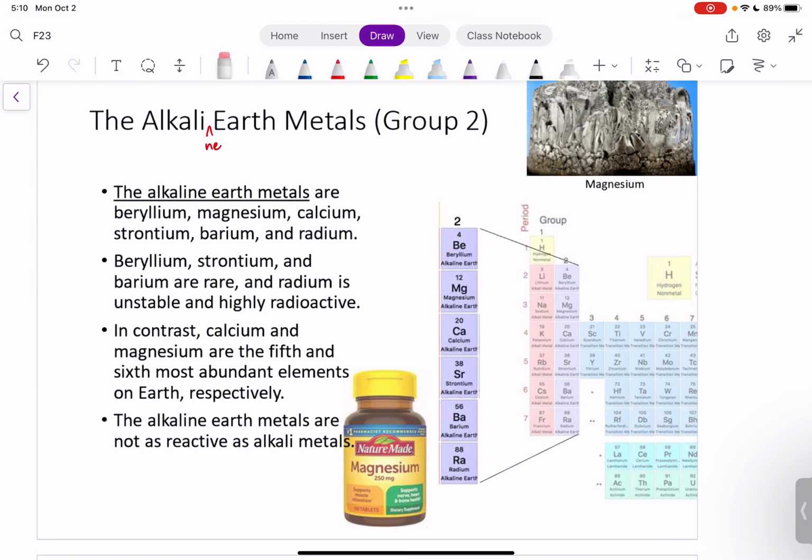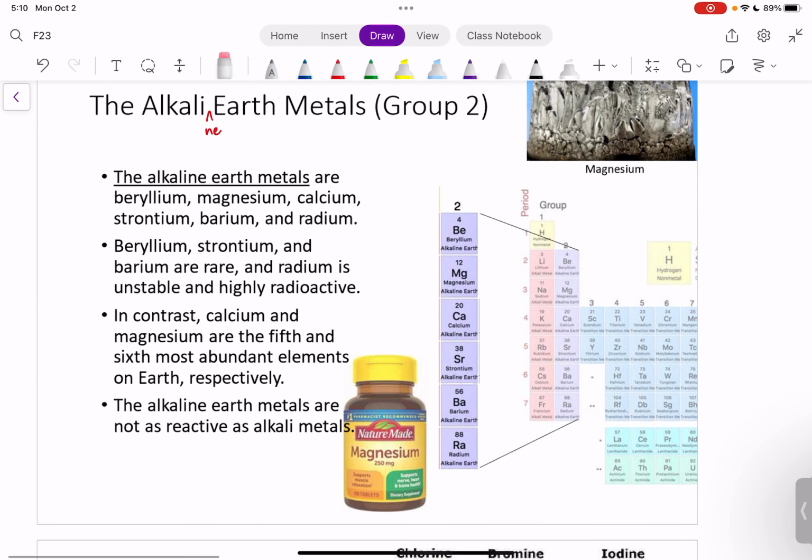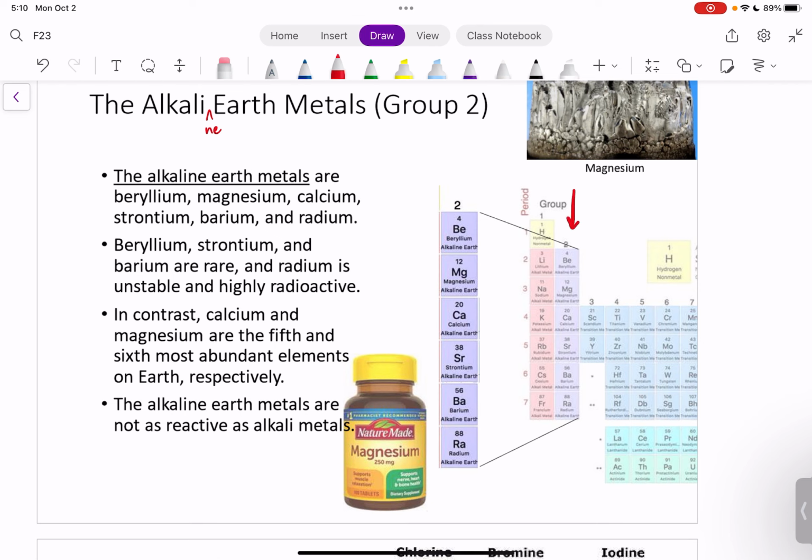All right, and then alkaline earth metals, these are in group 2. Not to be confused with the alkali metals, right? Alkaline. In fact, there's a typo on this slide here. It should actually be alkaline earth metals. You can see it written correctly here. These are beryllium, magnesium, calcium, strontium, barium, and radium. Radium you might have heard of.